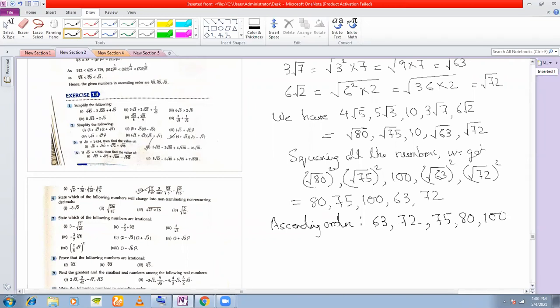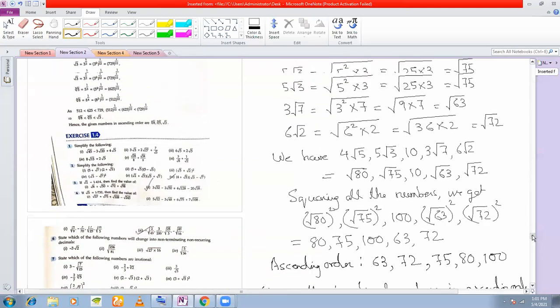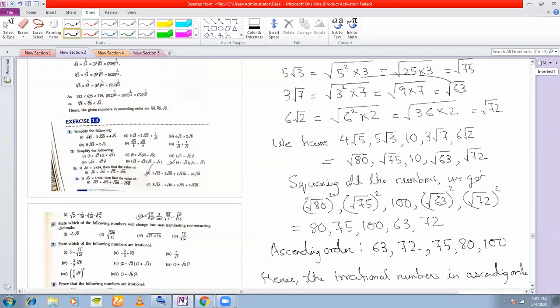So now what does 63 refer to? Hence the irrational numbers in ascending order are, now see, 63. What does 63 point to? 63 points to 3 root 7. So we'll write 3 root 7.